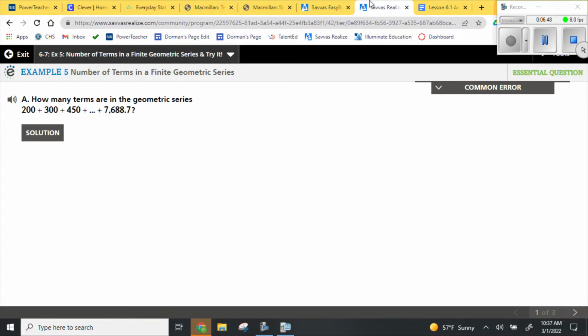Okay. So what information do we have from here? What do we know? We know that a sub 1 is equal to 200. Our common ratio, r, looks like 3 divided by 2.